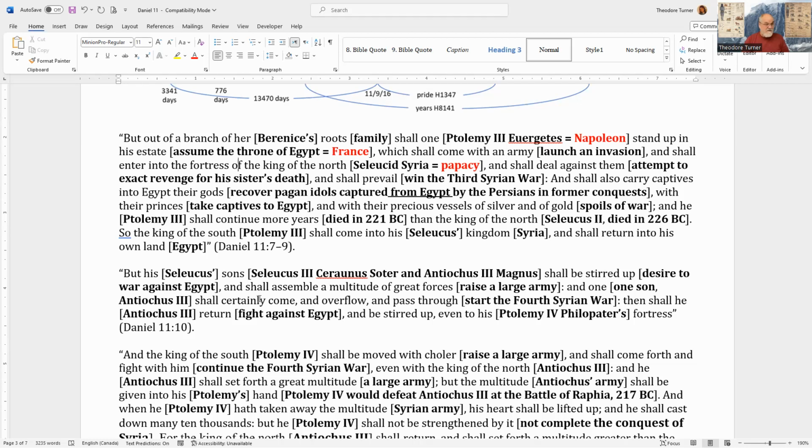King of the north is no longer Turkey, right? The king of the north is going to be the papacy. King of the south is going to be France. So when they look at Daniel 11, verse 40, they see France there, but they see France as fighting against the king of the north and the king of the south, between Turkey and Egypt, right?